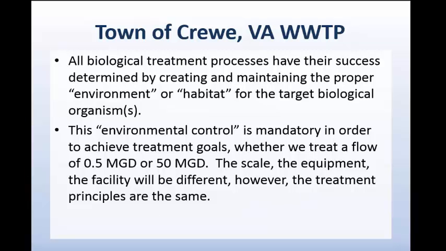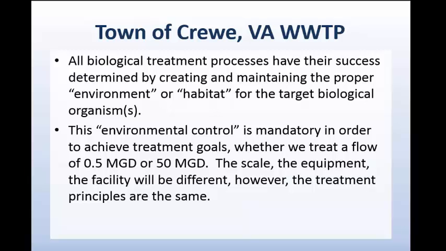All biological treatment processes have their success determined by creating and maintaining the proper environment or habitat for target biological organisms or an organism. You create a specific, stable environment that will then attract and allow to predominate in that environment or habitat a specific or target microbe.